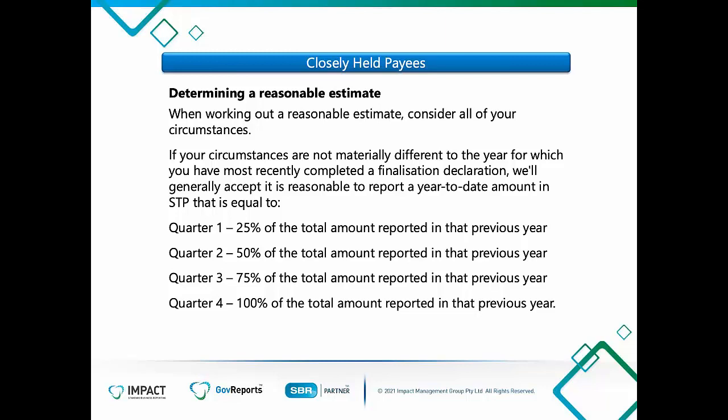You pay 25% each quarter, so that by the end of the year there is 100% reported. I don't know whether there's any leeway, but my understanding is you take whatever the income was, divide it by 4 and put it on the STP reporting each quarter.